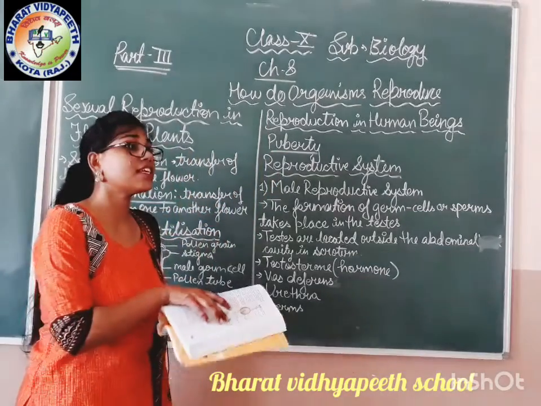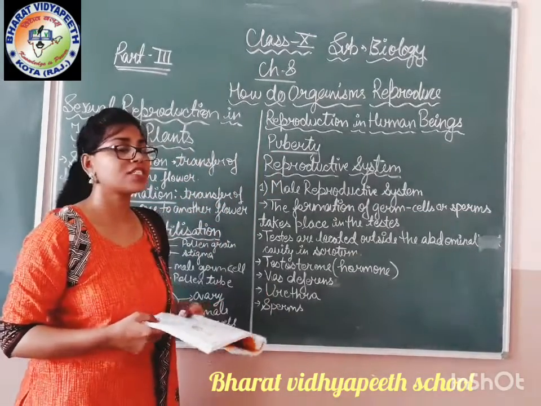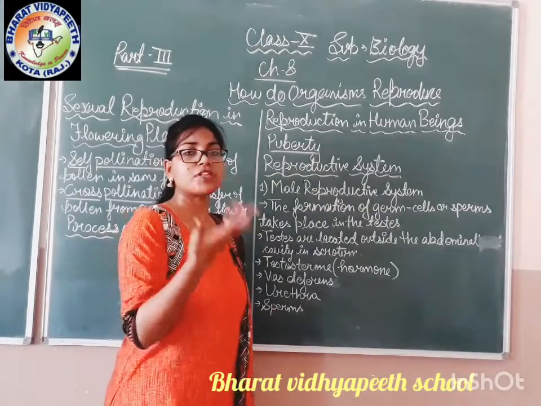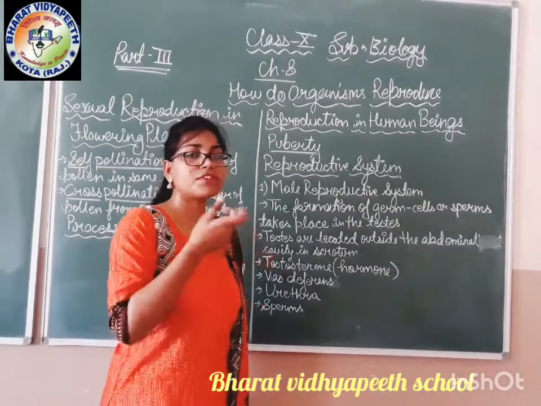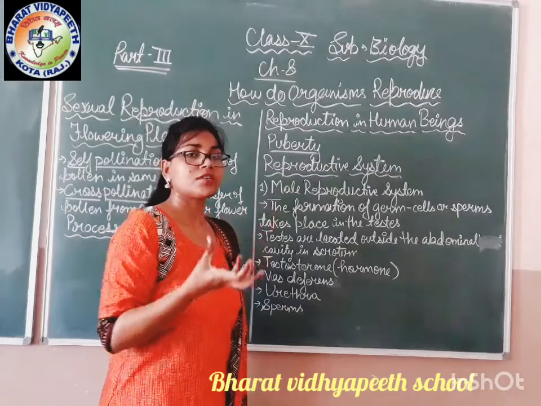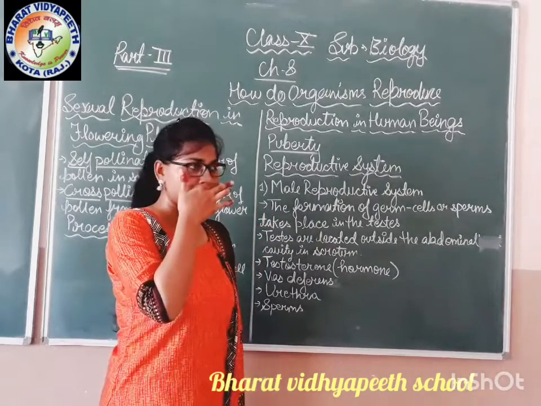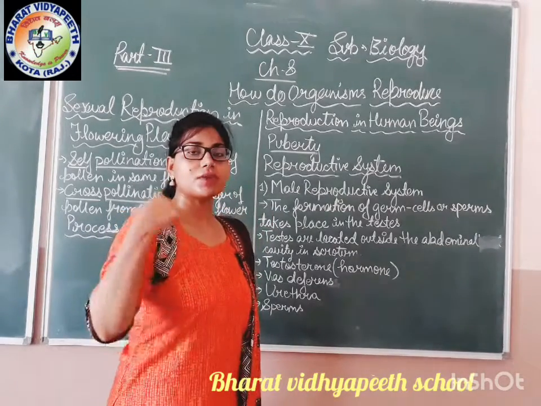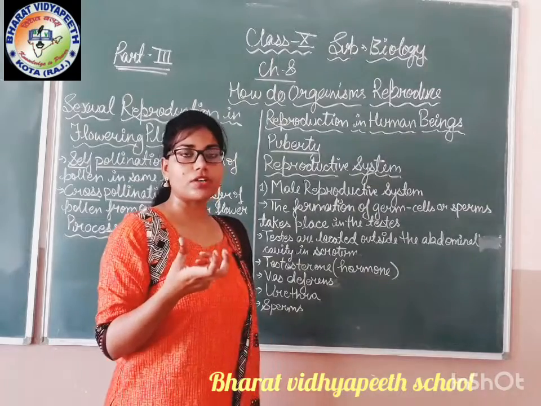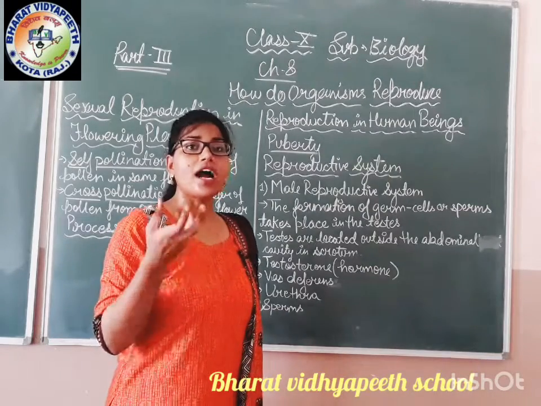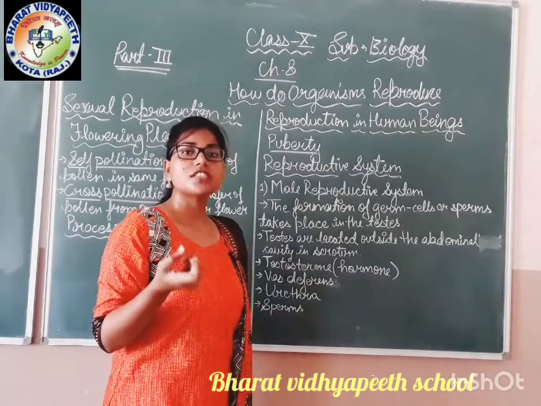In puberty many changes are seen in boys and girls. Hair may grow on the body or on different parts of the body. The body of boys starts forming muscles and they become muscular. The voice of boys becomes hard and the voice of girls becomes soft.